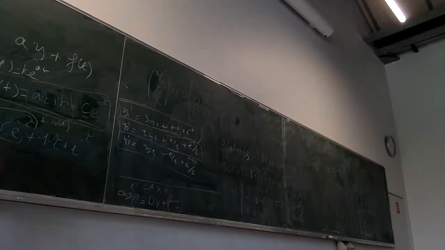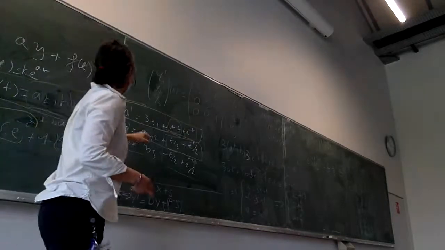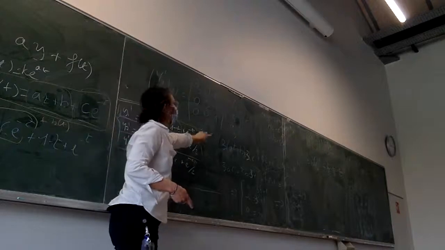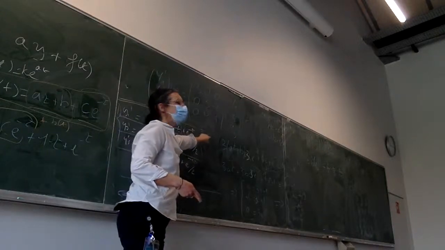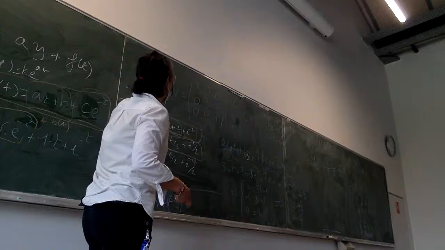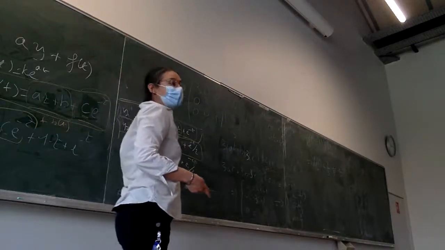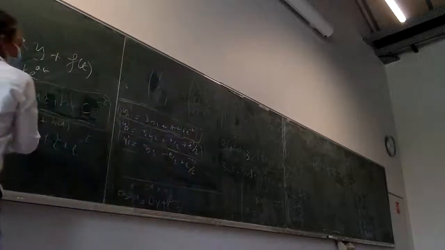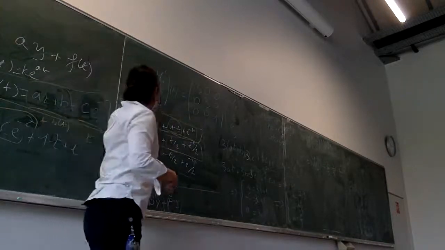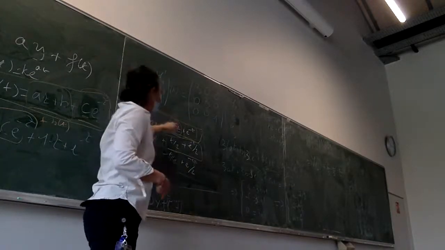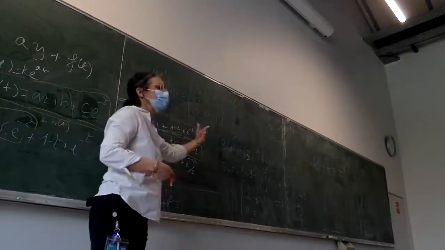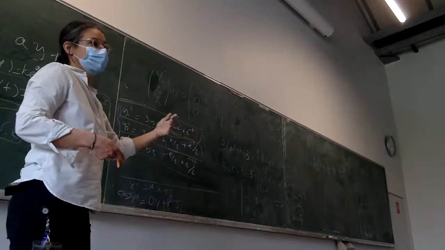There are some restrictions, like if I had some exponential of 3t, meaning the same exponential as the one that solves the homogeneous part, that would be a problem. Because if I plug it in the equation, it will just cancel because it solves the homogeneous part. So when you have this specific case, you have to multiply your exponential by t.